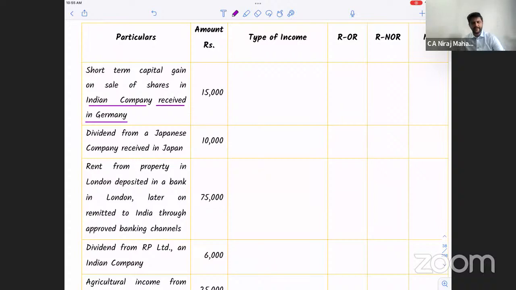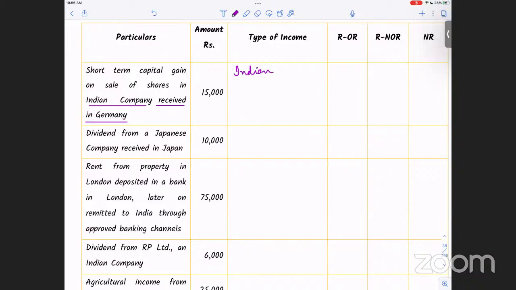You have to tell me, is it an Indian income or foreign income? Understand the example. The Indian company shares are sold and the money is directly received in Germany. You're sitting in Germany and through an online portal you sold the shares you were holding, and got the money directly in Germany. It is Indian income. Why? Accrued in India, very good.